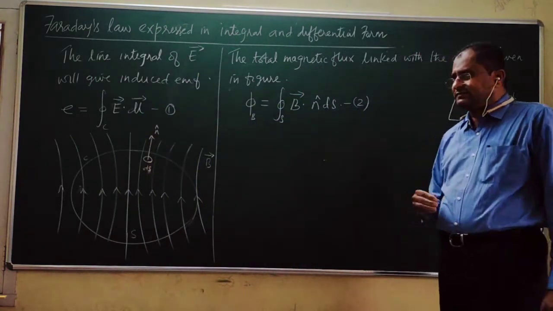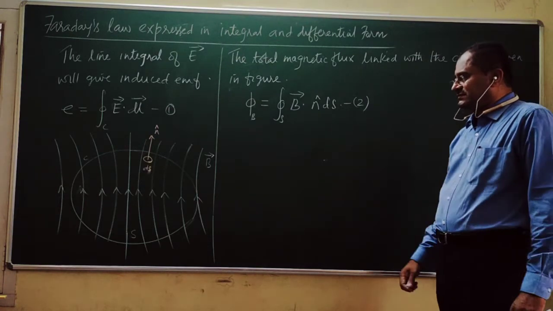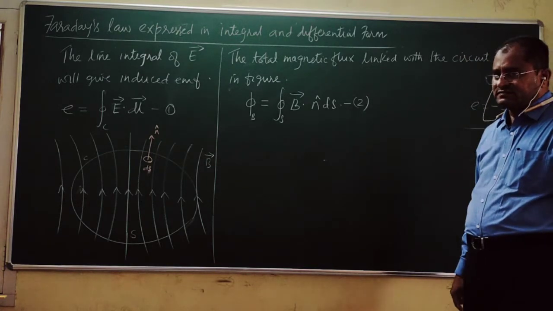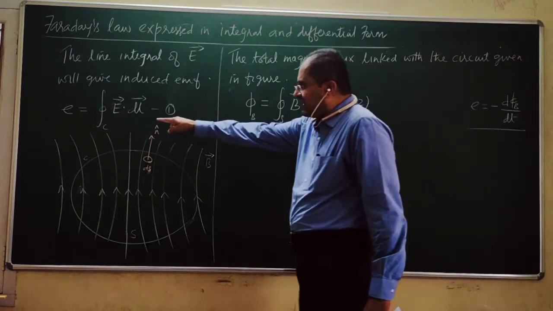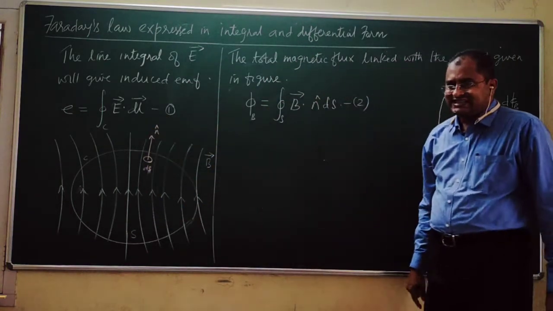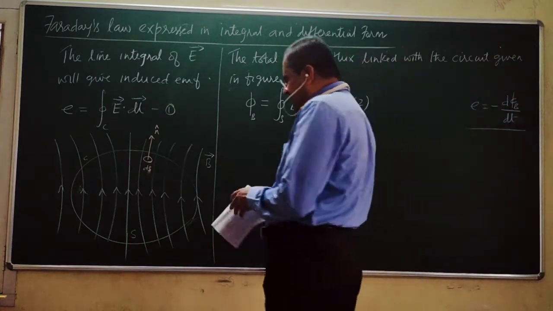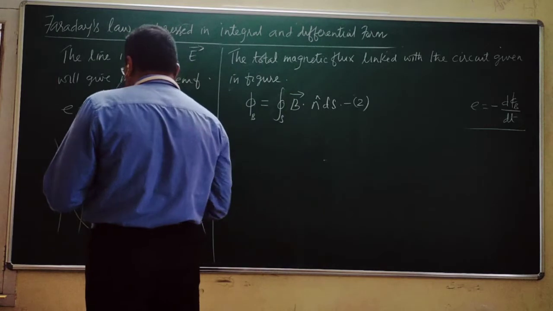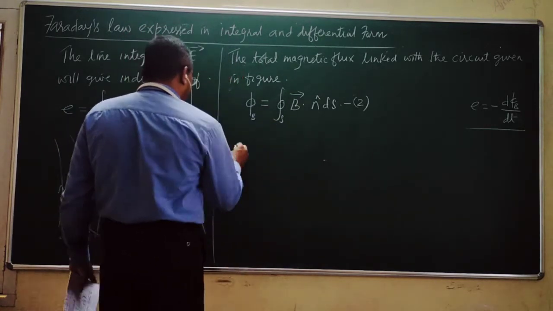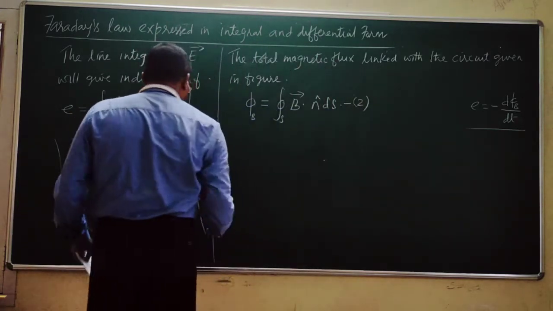According to Faraday's law of electromagnetic induction, the induced EMF produced or the line integral of electric field around a closed circuit is equal to time rate of change of magnetic flux, which means my equation will become induced EMF in the place of E. I can write this expression.